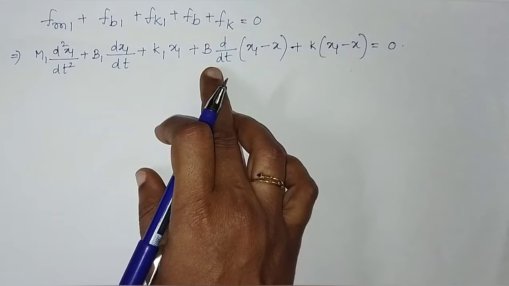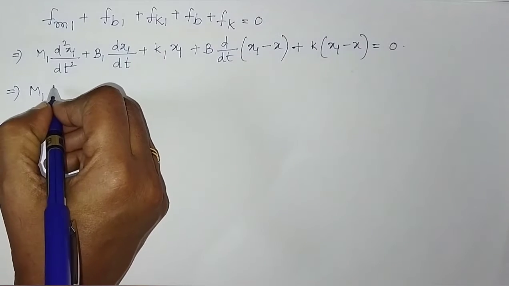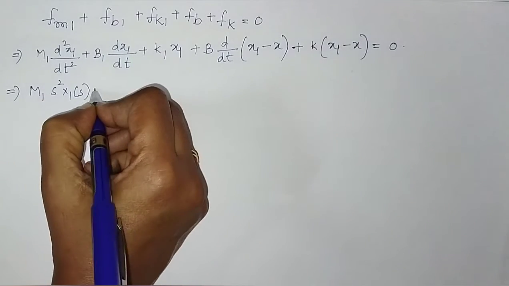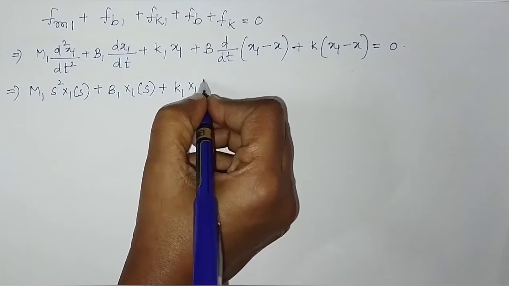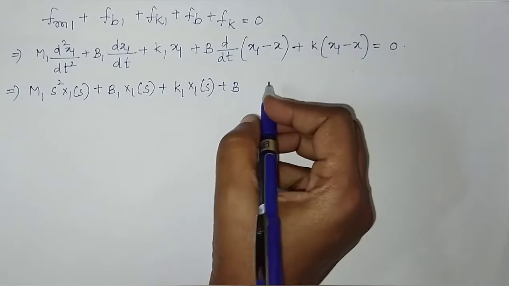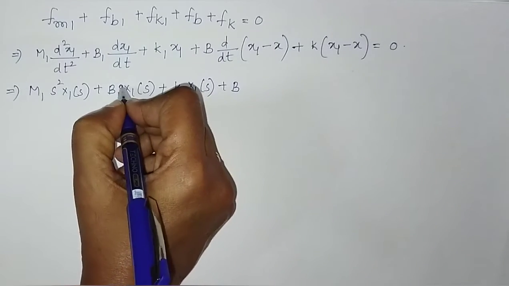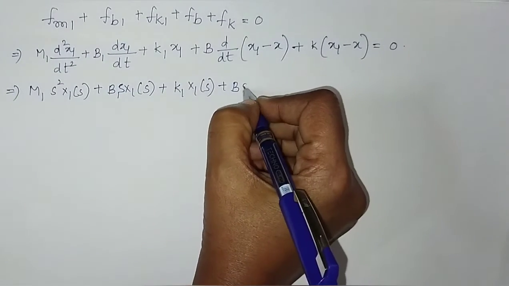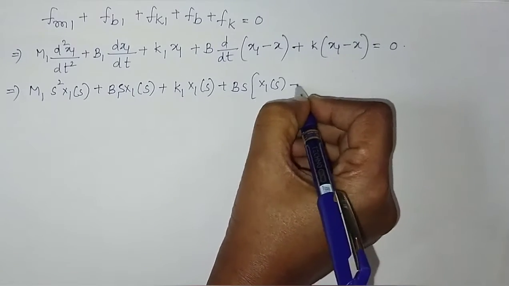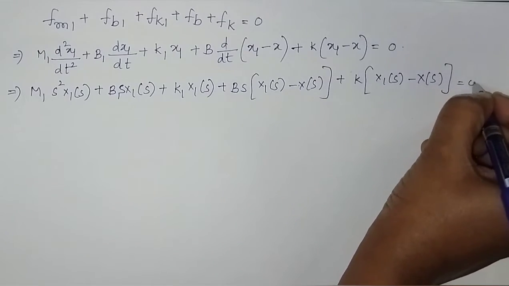Now we have this in the t domain. Now we'll convert this into the s domain, that is m1 s square x1 of s plus b1 s into x1 of s plus k1 x1 of s plus b into s into (x1 of s minus x of s) plus k into (x1 of s minus x of s) equal to 0.